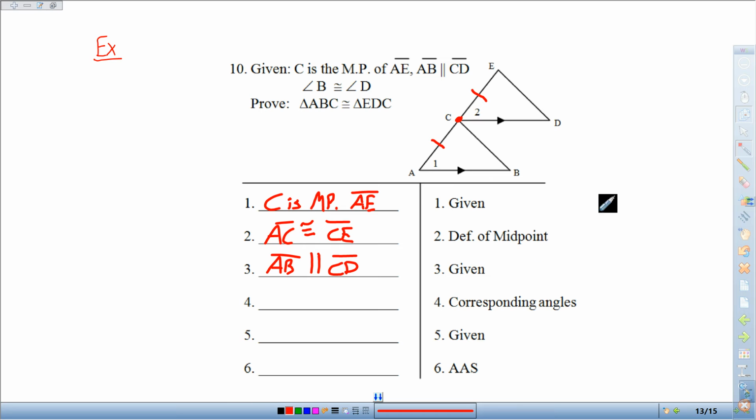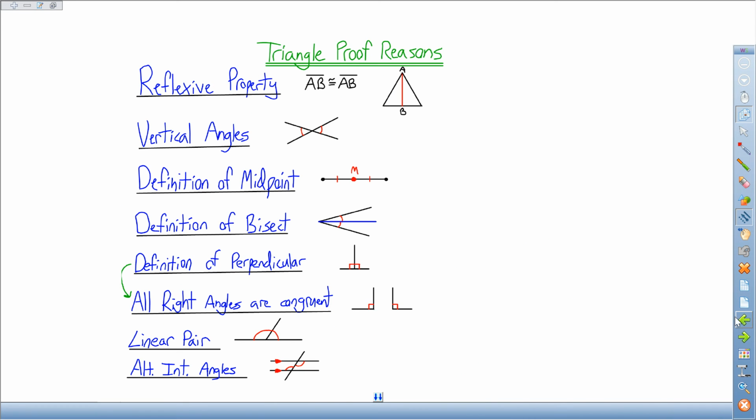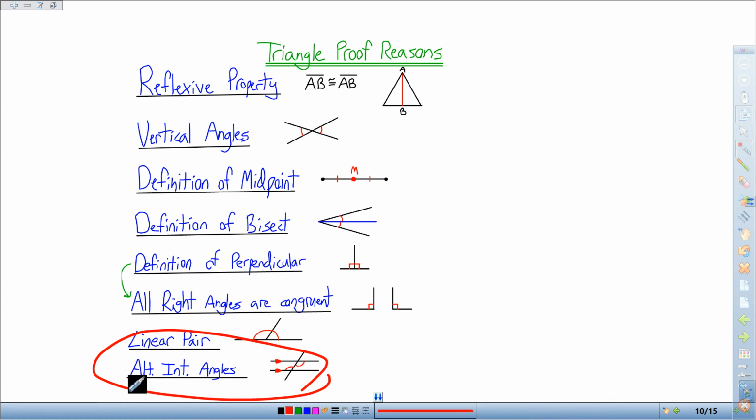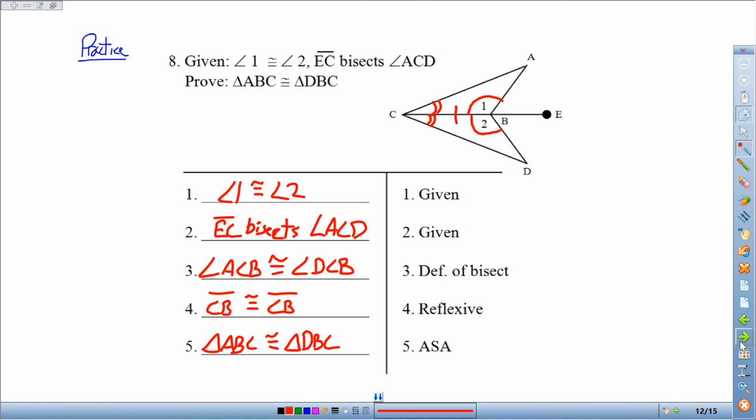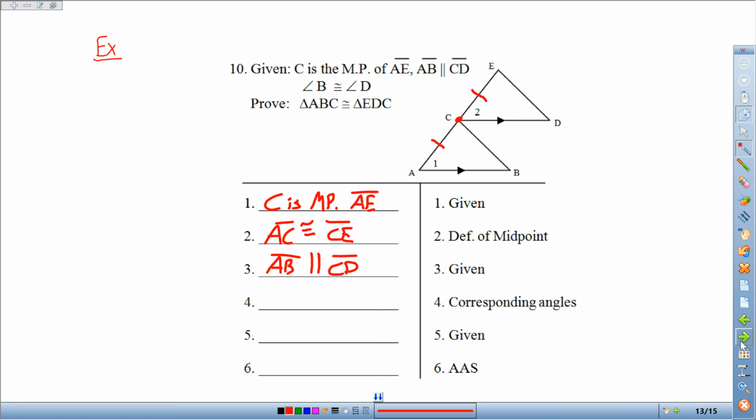All right. And normally when we have parallel lines on these types of problems, we end up with alternate interior angles, which is one of the reasons that I feature it on the very bottom here. That's why I put it as one of the reasons that you copied down. But that doesn't necessarily mean all parallel lines give you alternate interior angles.